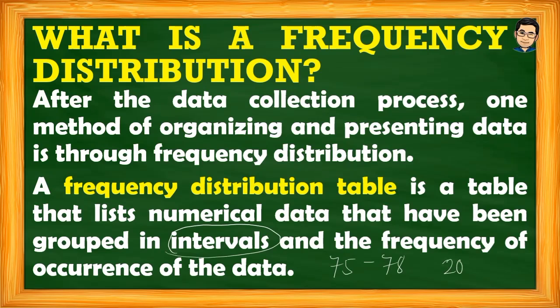Kung yung estudyante natin is 40 lang, and yung nagkaroon ng grades na 75 to 78 is 20, makikita natin na marami sa mga students ang mababa ang grade. Kaya kailangan natin gamitin sa pag-present ng mga data ang frequency distribution table.